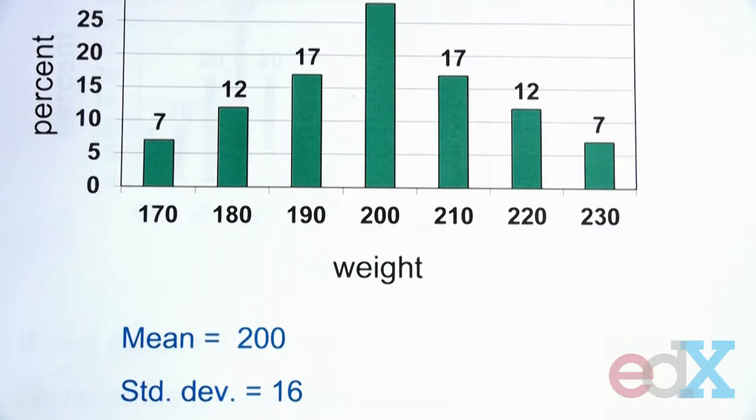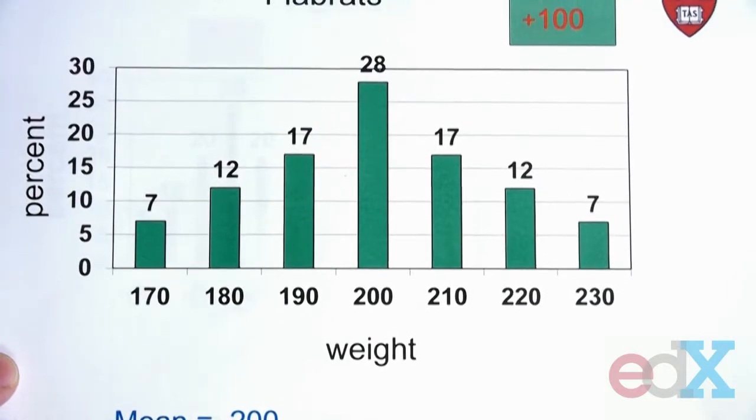Now, here is the problem. Our labs are all set up so that on our floor, the lab on the left has the FLABRATs with their natural diet, and on the right, the FLABRATs are on this plus 100 diet.